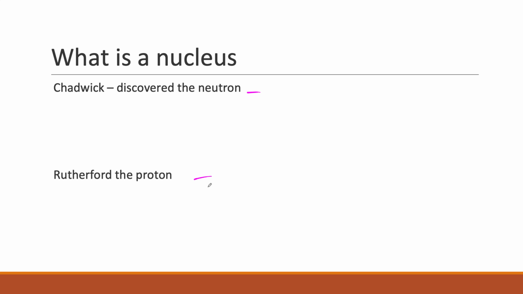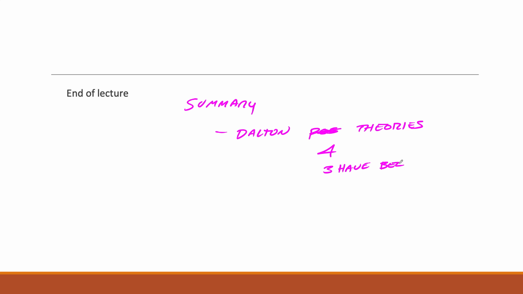So in summary, today we talked about Dalton's postulates or theories, and we have four, of which three have been changed. And we talked about the structure of the atom.